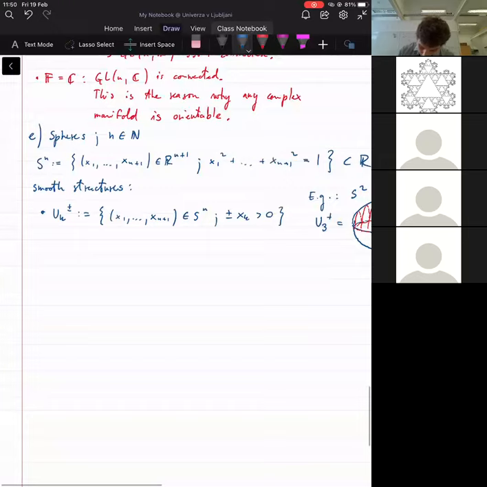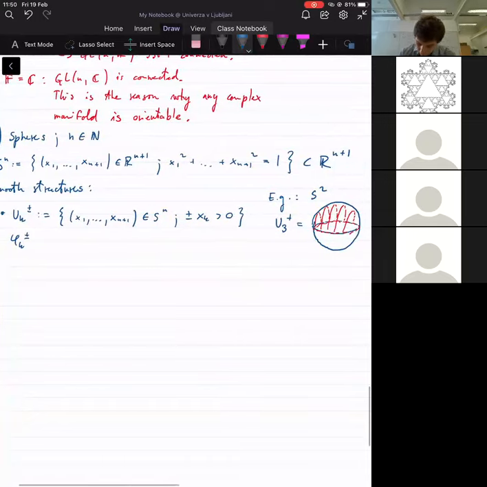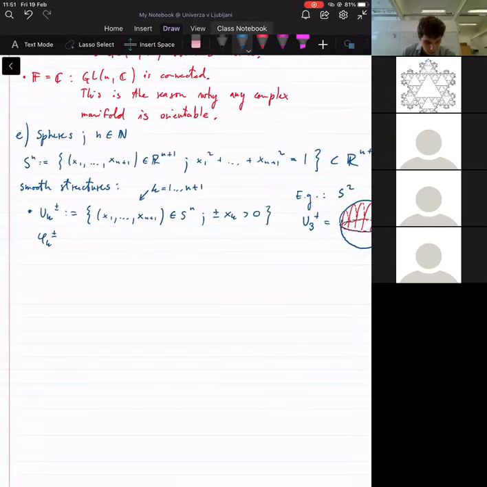Okay, and not only that, we have to, of course, define charts. And we have to define them for every k, where k is from 1 to n+1. Okay, so we define these charts as projections. So this is commonly denoted with a hat.